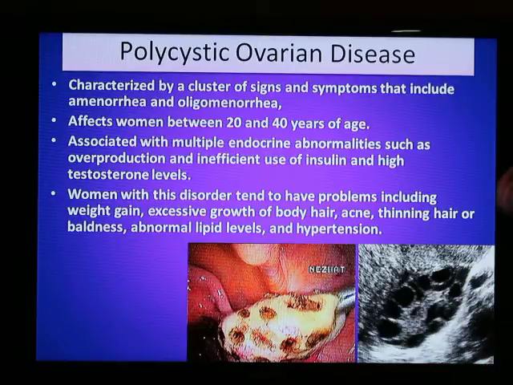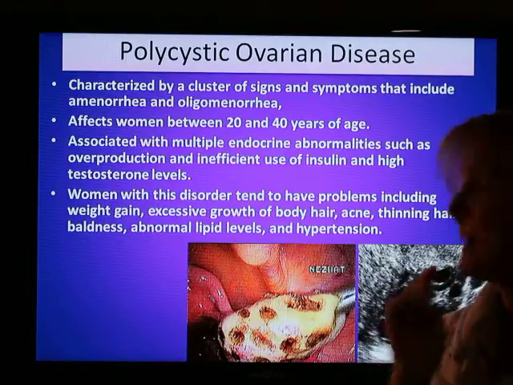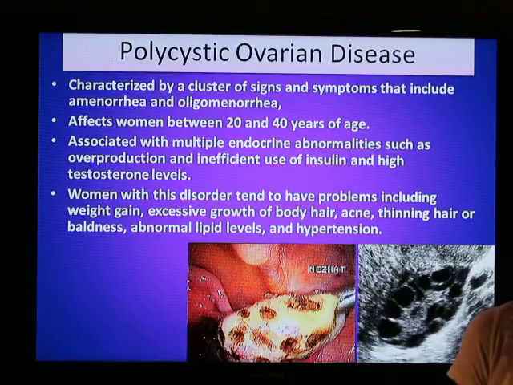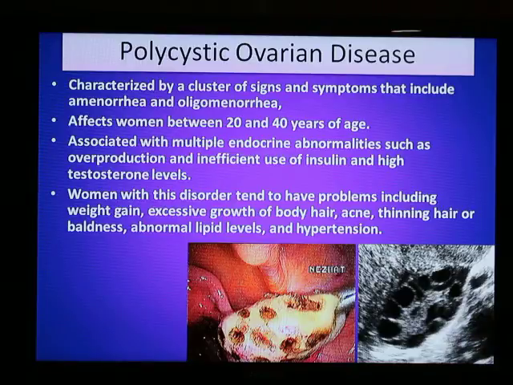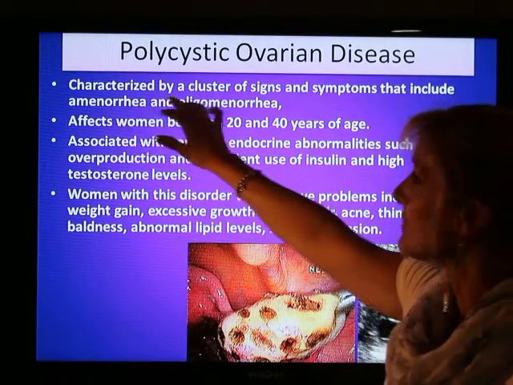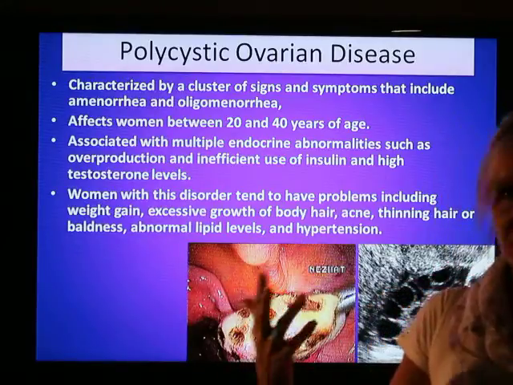Polycystic ovarian disease. This would remind you a little bit of polycystic kidney disease. We're not entirely sure why women get polycystic ovarian disease, but basically it's a bunch of cysts in the ovaries. These patients tend to have amenorrhea, meaning they don't have periods, or oligomenorrhea, like small little scant periods.